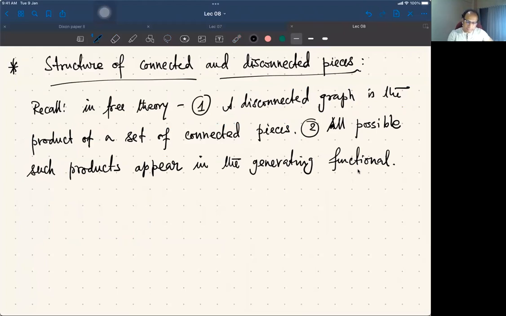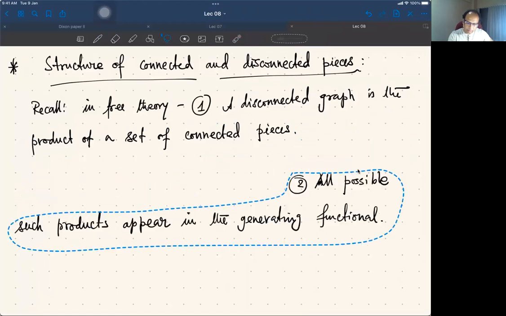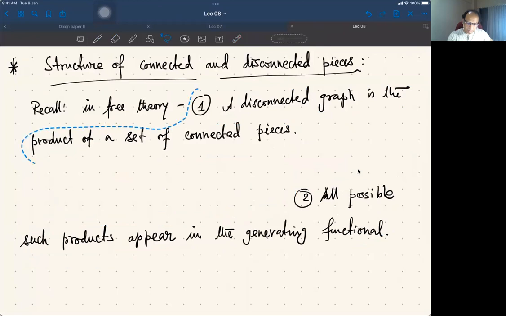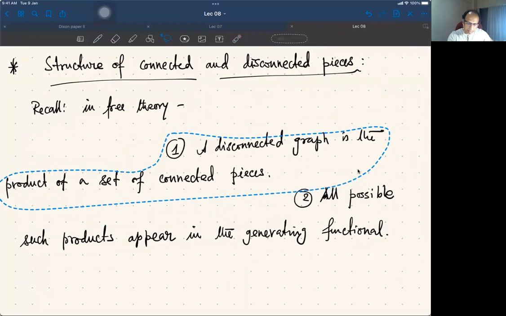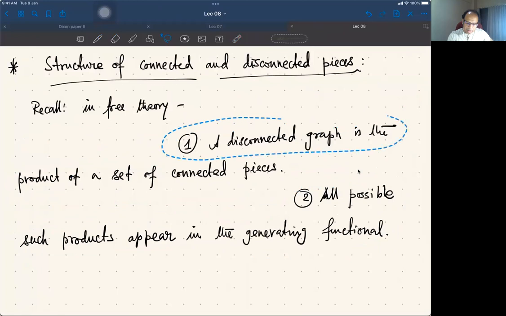Moreover, maybe I should write it in a more systematic way.